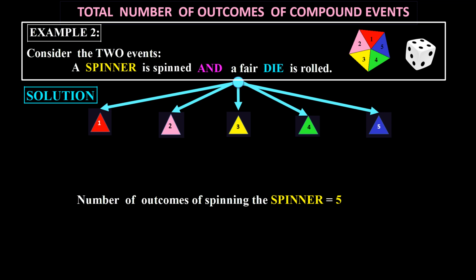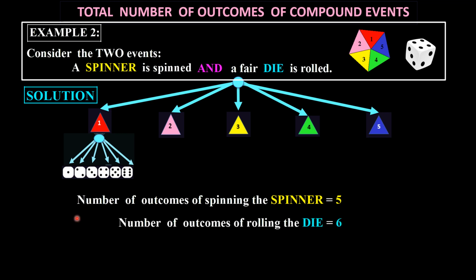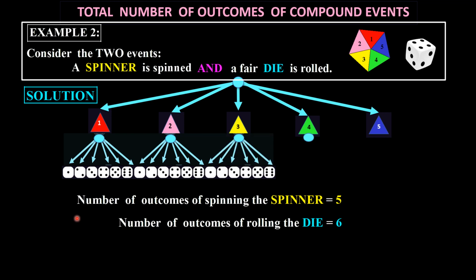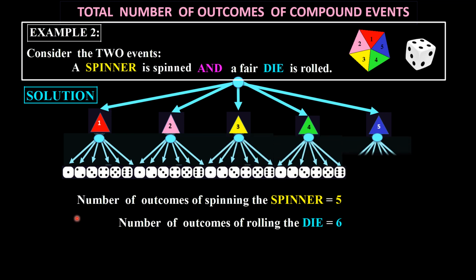Now, if I have a 1 and I now roll the die, I can have either a 1 or a 2 or a 3 or a 4 or a 5 or a 6. So I can have 1 1, 1 2, 1 3 and 1 4. The number of outcomes of rolling a die in this case is 6. Similarly, I can find exactly the same outcomes associated with 2, then 3, then 4, and then 5.